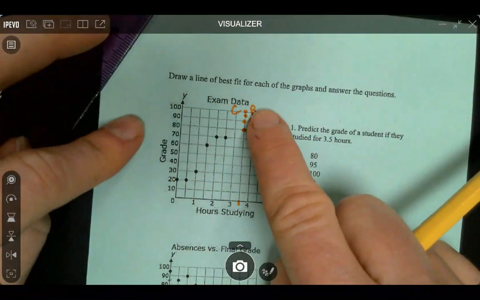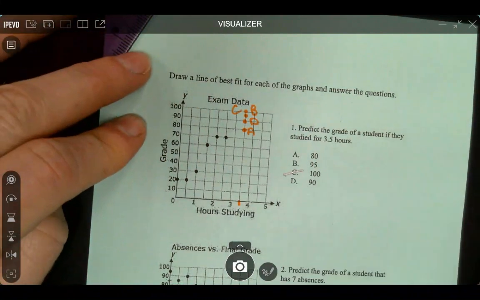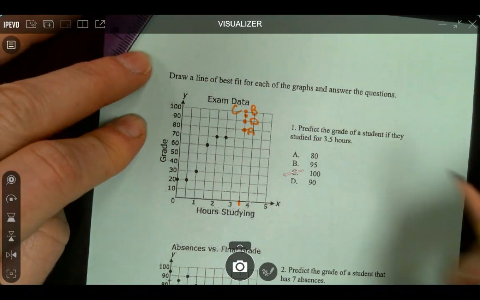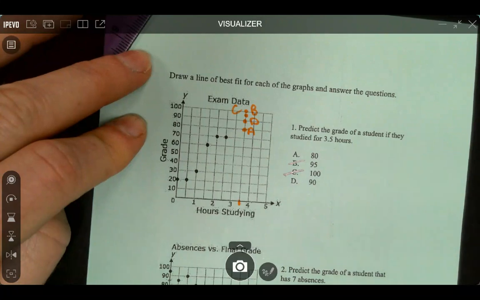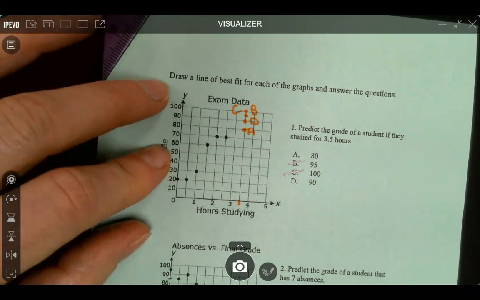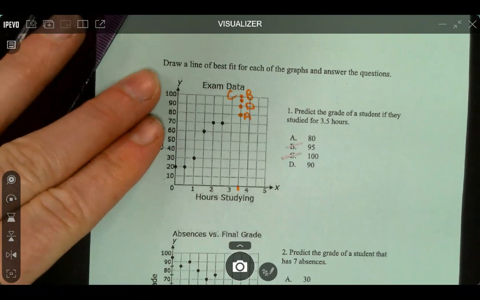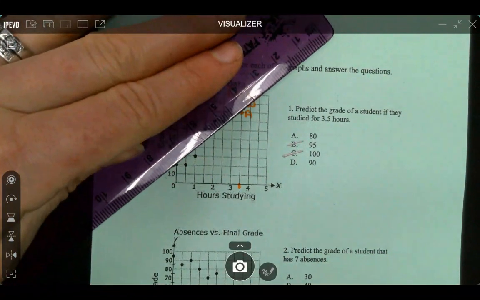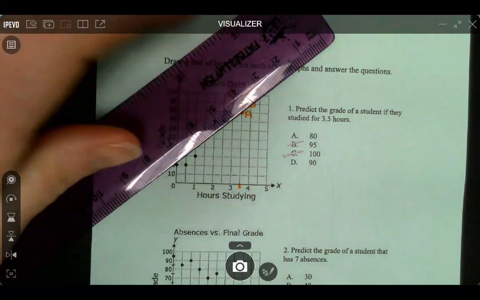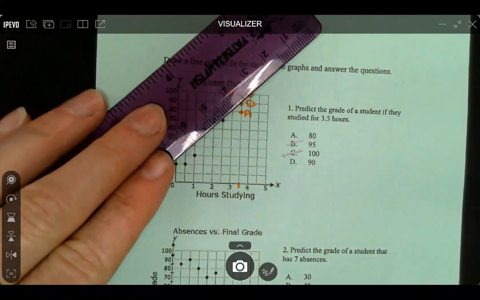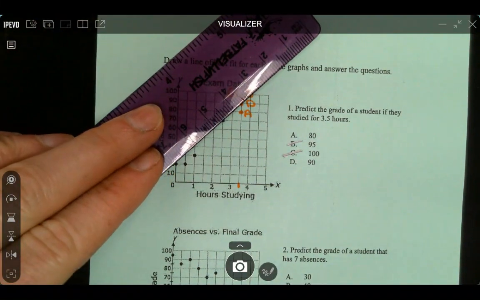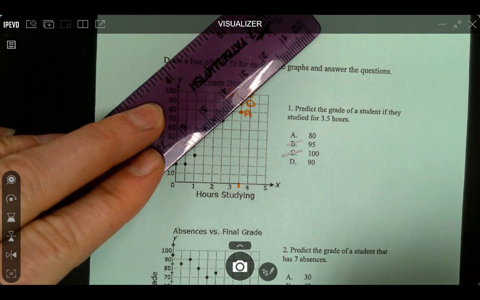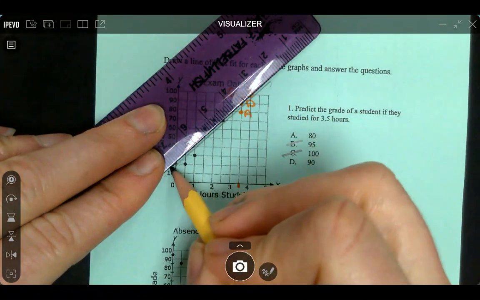I think C is too high. I think B is too high. So it's between A and D. If it goes through A, it'd be like that. If it goes through D, it'd be more like that. I think D is a better prediction.